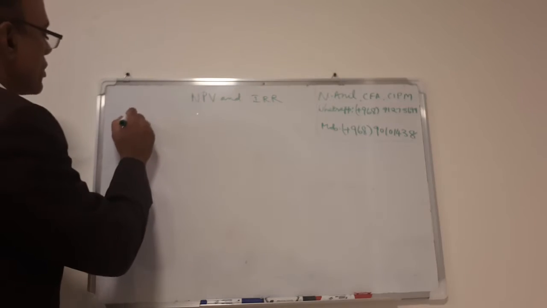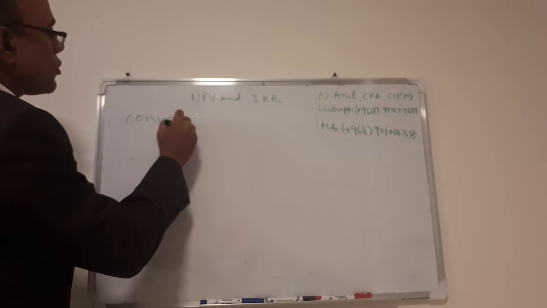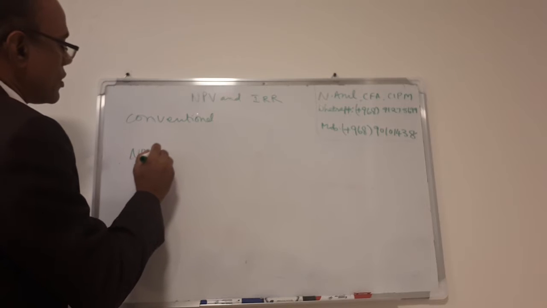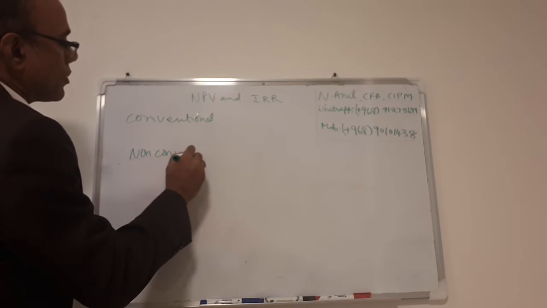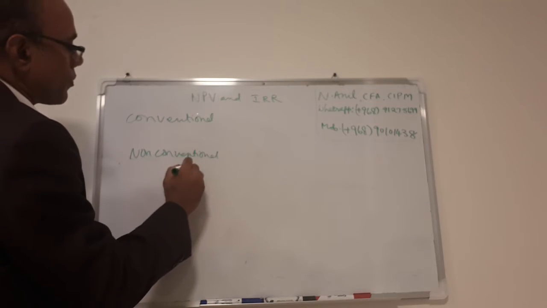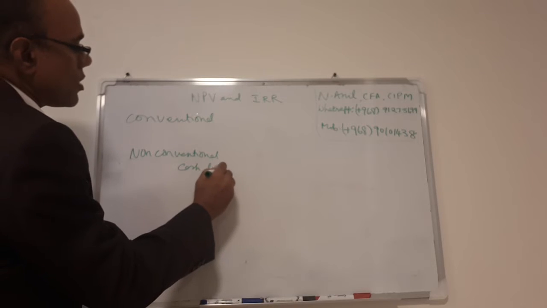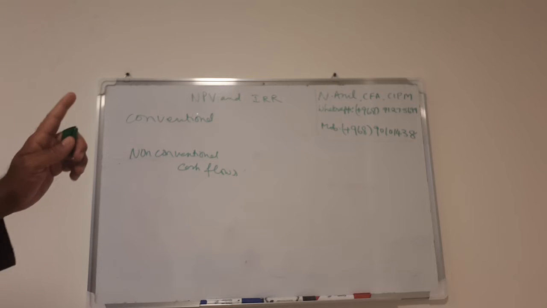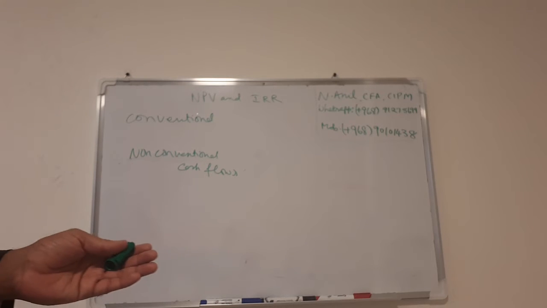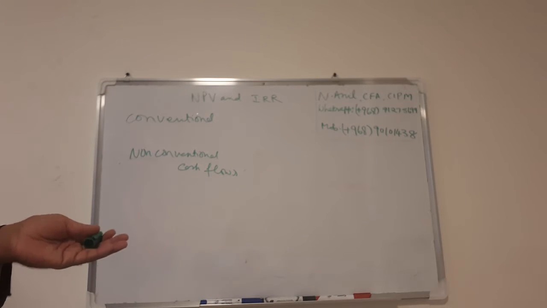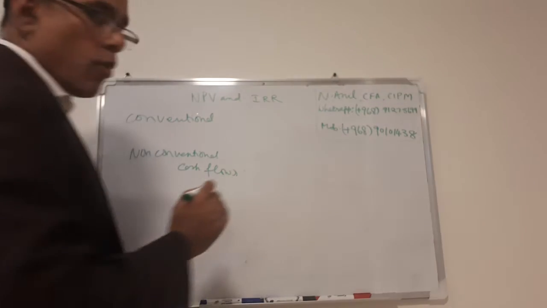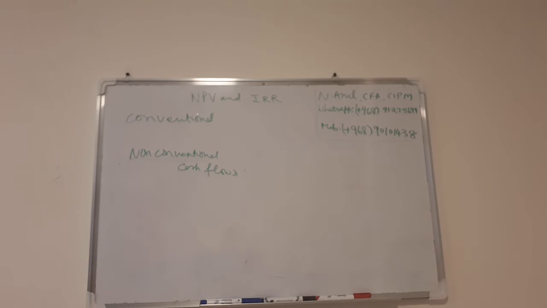So we have two types of cash flows: conventional cash flows and non-conventional cash flows. In conventional cash flows, after the initial outflow or outlay, you have a series of positive cash flows or inflows.